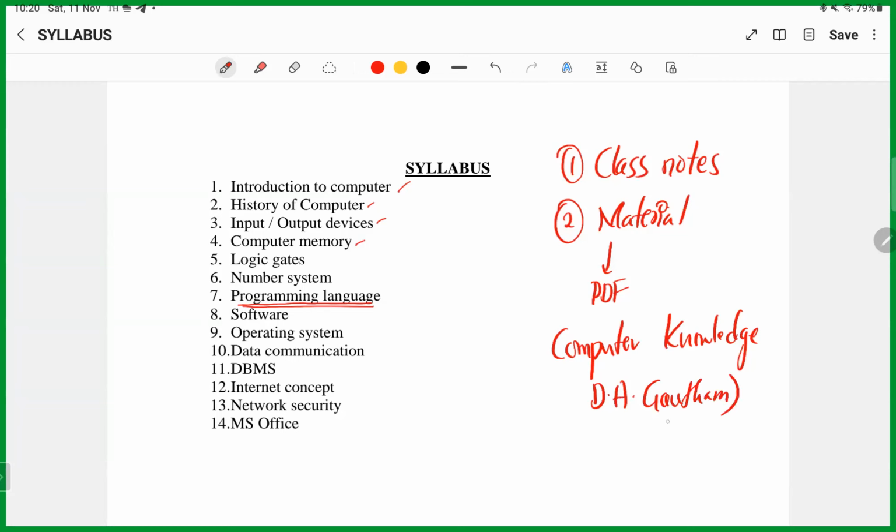This is a book we use. If you are using any other book, you can use it. It's not a Spardha Unnati publication. Spardha Unnati publication, take the revised edition, don't take the old edition. Revised edition is available, take that.